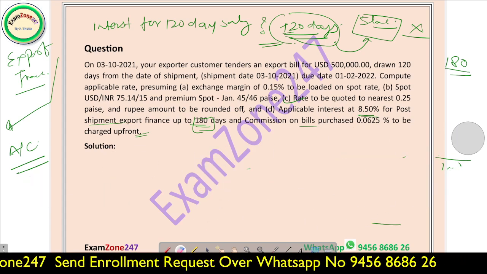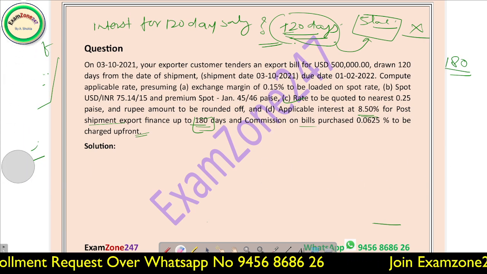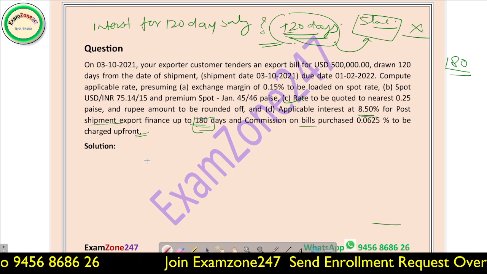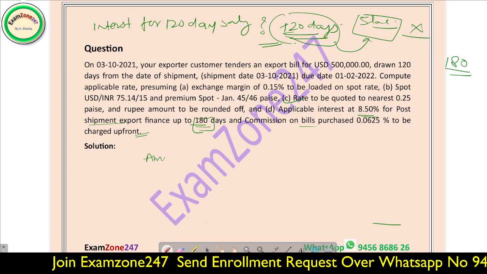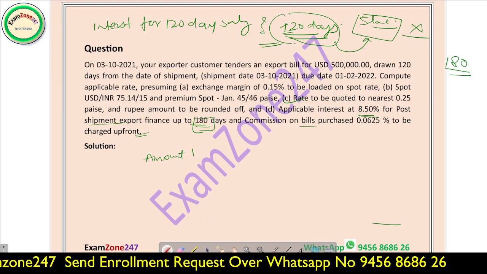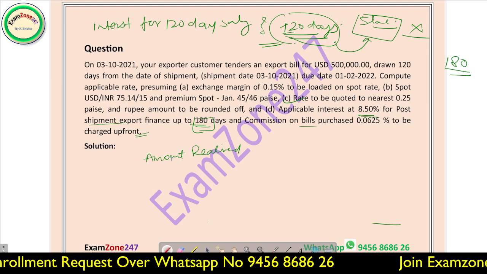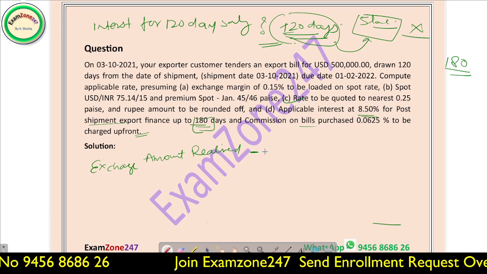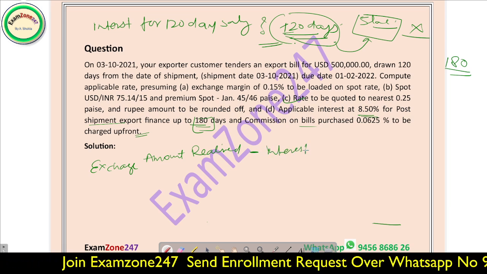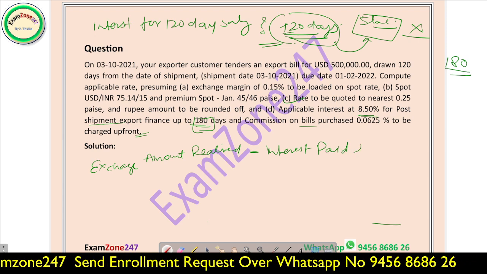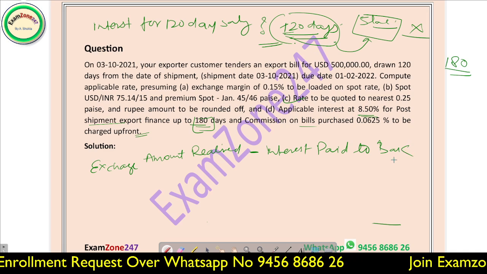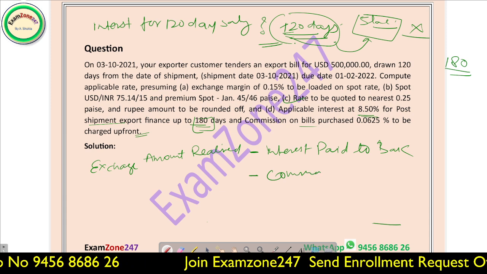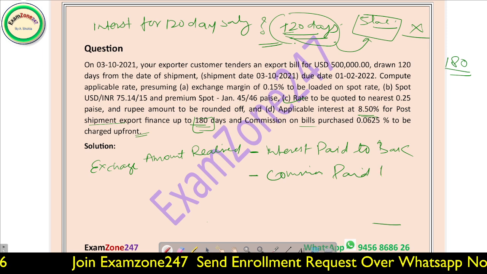The customer will receive amount realized in exchange, amount realized minus interest paid to bank minus commission paid to bank.